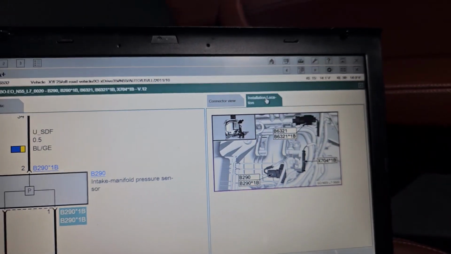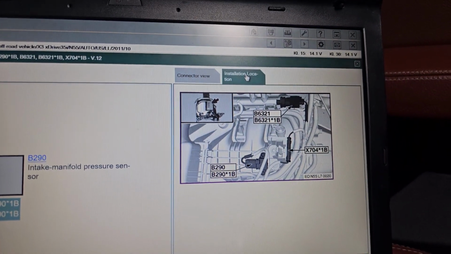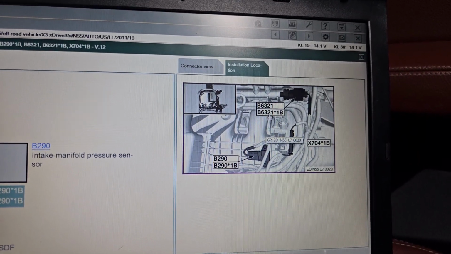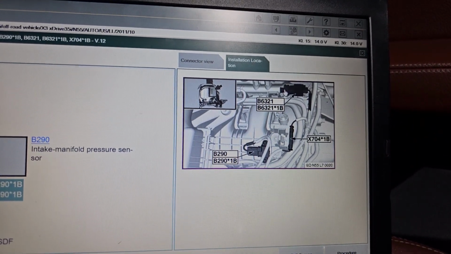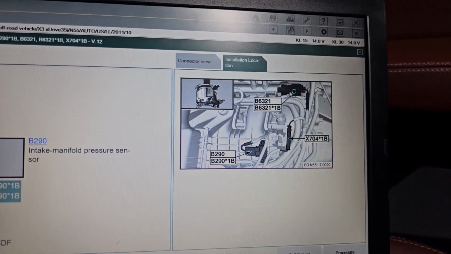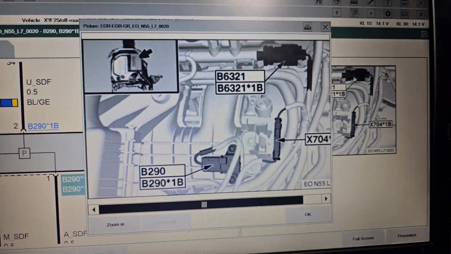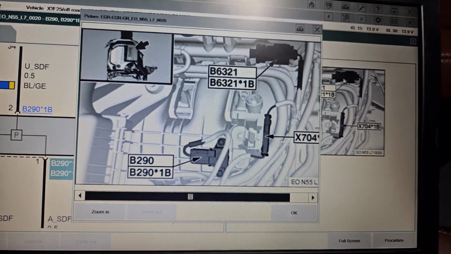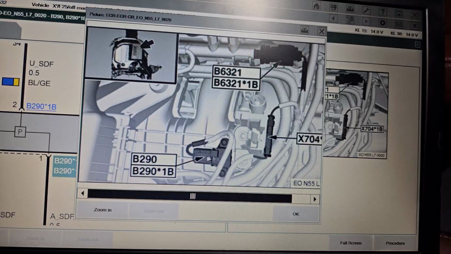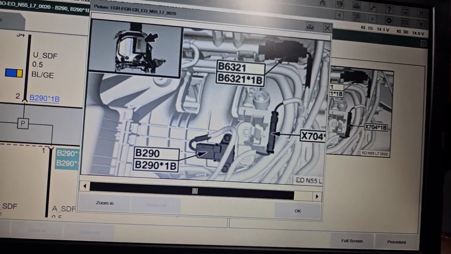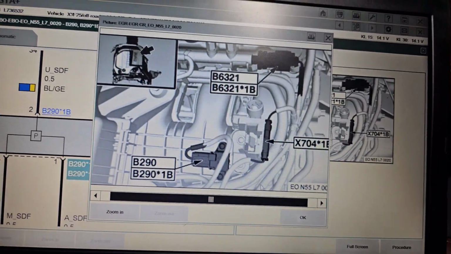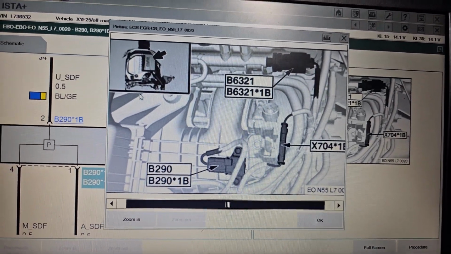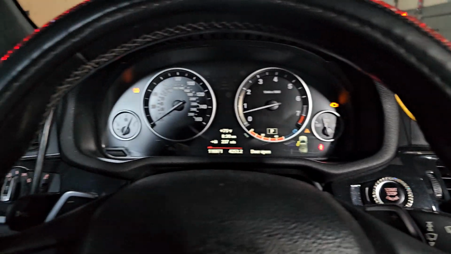Component location. 91B here. 90B, this one. So it has to be checked, and then if there is any leak in the intake manifold or anything, it is taken from there.